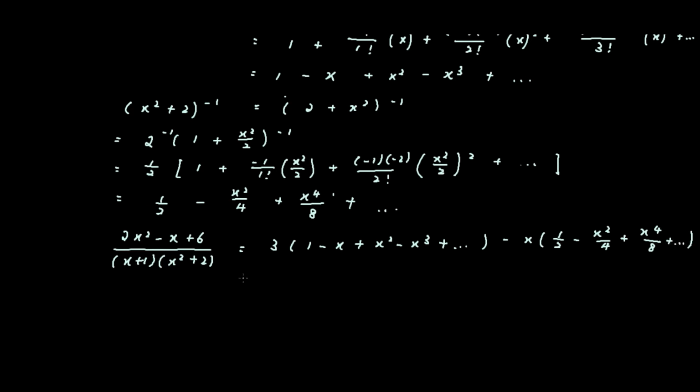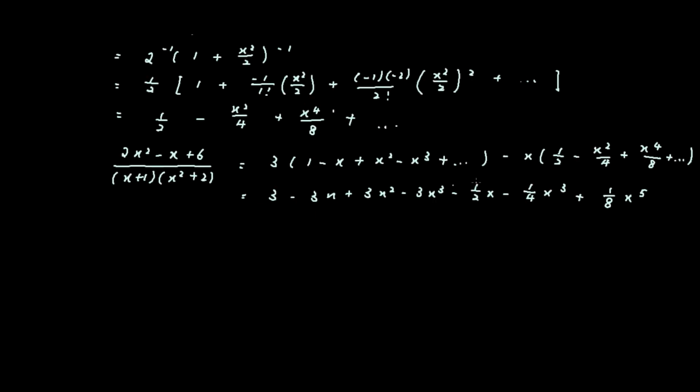Okay, so now expand it. 3 minus 3x plus 3x squared minus 3x cubed minus 1 over 2x minus, let's try to write it in this way so it's easier for us to see. So power 3 and then plus x to the power of 5. So this is 1 over 8 x power 5. Okay, then let's combine them.